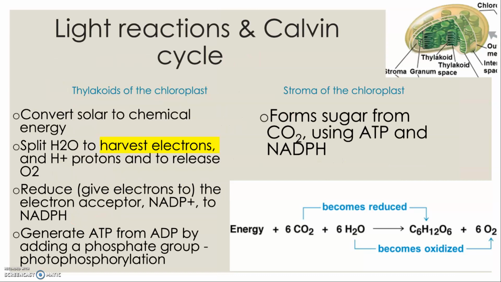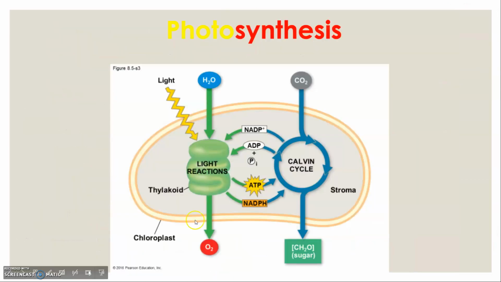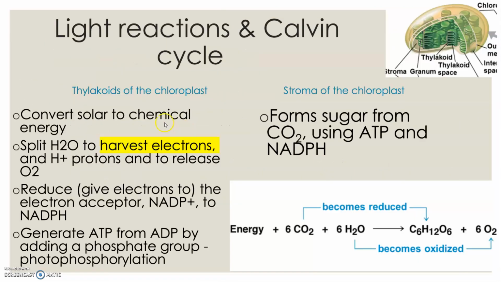Okay. Here's another sort of more detailed summary of each process in photosynthesis. In the light reactions, here's what's going on. In the thylakoids of the chloroplast, solar energy, sunlight, is transformed to chemical energy.